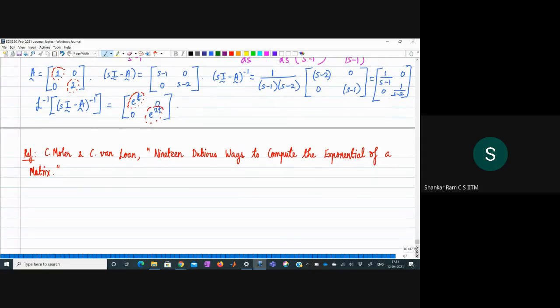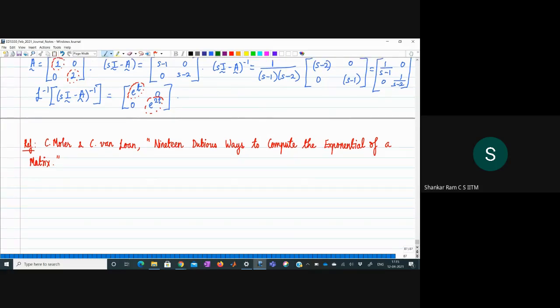Okay. So now that we have looked at the solution to the homogeneous part of the state equation, we need to look at what happens with the general state equation. So now let us consider the complete state equation. What do I mean by the complete state equation?